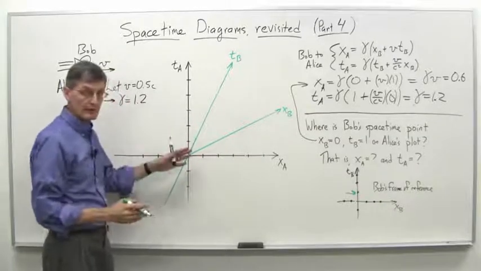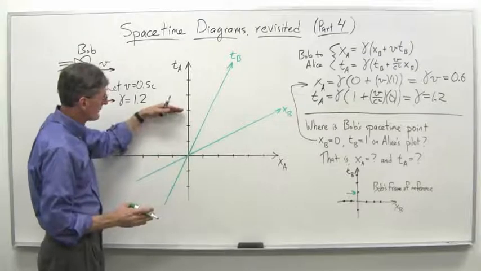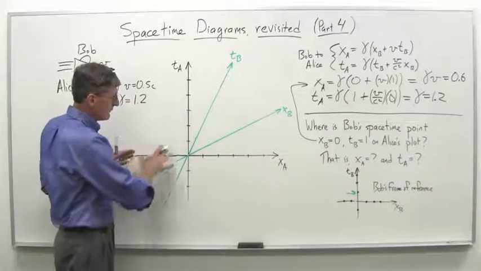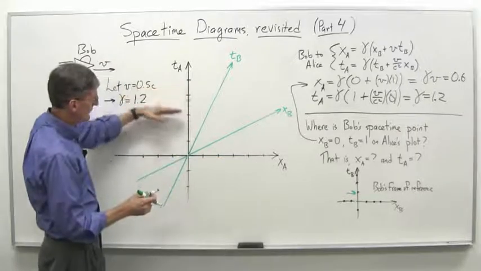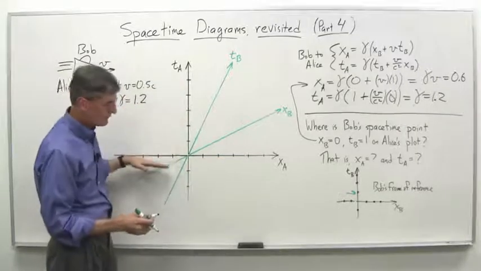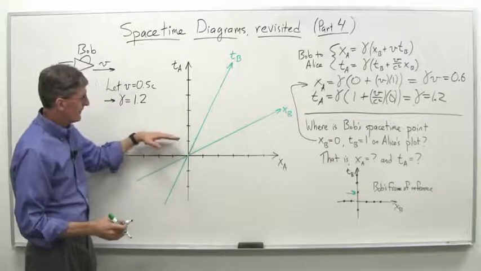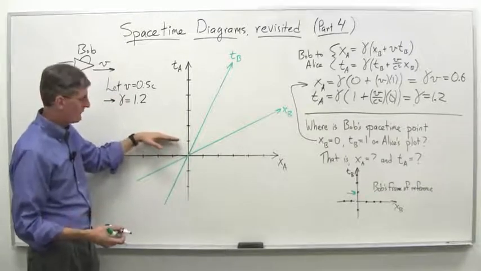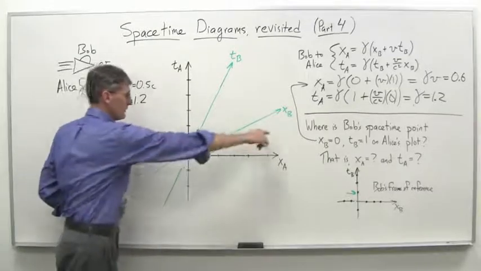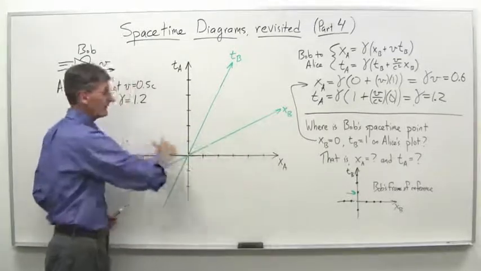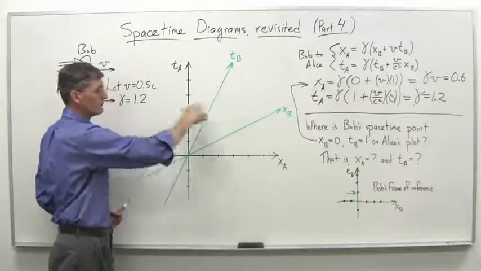Now, when I'm putting tick marks on here, remember, tick marks need to be parallel to the appropriate axis. So all the tick marks here for t are parallel to the x-axis, because really these represent many lines of simultaneity, right? All along there is a line of simultaneity for t sub a equals 1, t sub a equals 2, t sub a equals 3, and so on.